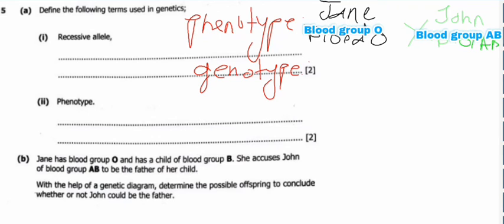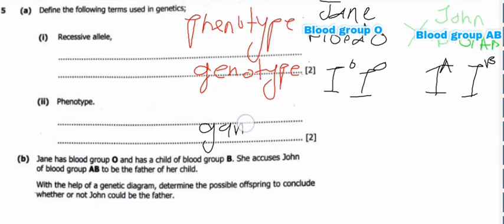Remember, blood group O can only exist as homozygous recessive, so we have blood group O. Then blood group AB exists as codominance, so we have blood group AB, not blood group B. What follows next is splitting the gametes.